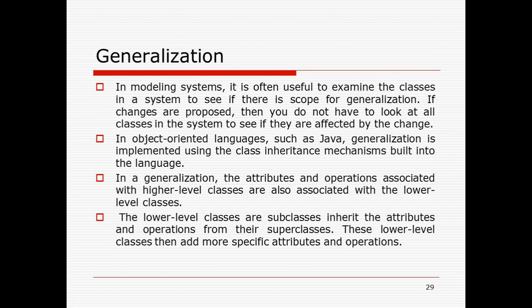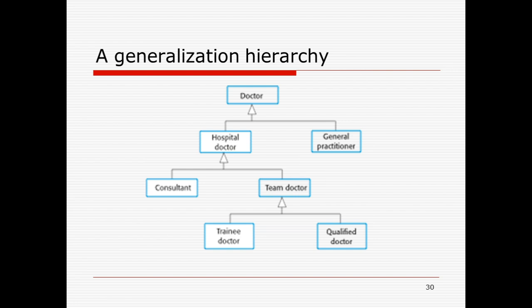Here is a generalization hierarchy. The doctor is the supermost class from which the hospital doctor and the general practitioner derive some attributes. These are the subclasses which derive attributes from the doctor class. Similarly, there can be consultant doctor or team doctor in the hospital. Now these two classes become the generalized classes from which the attributes are derived by the consultant and the team doctors, and each adds specific attributes of its own.